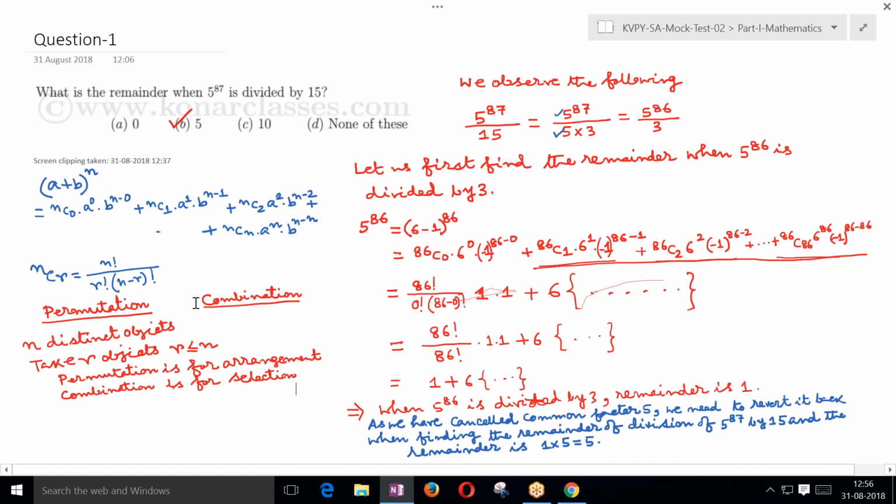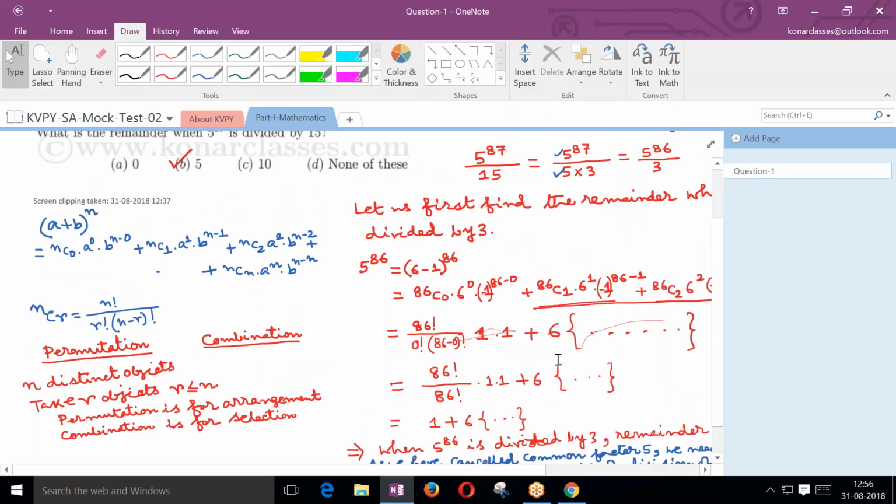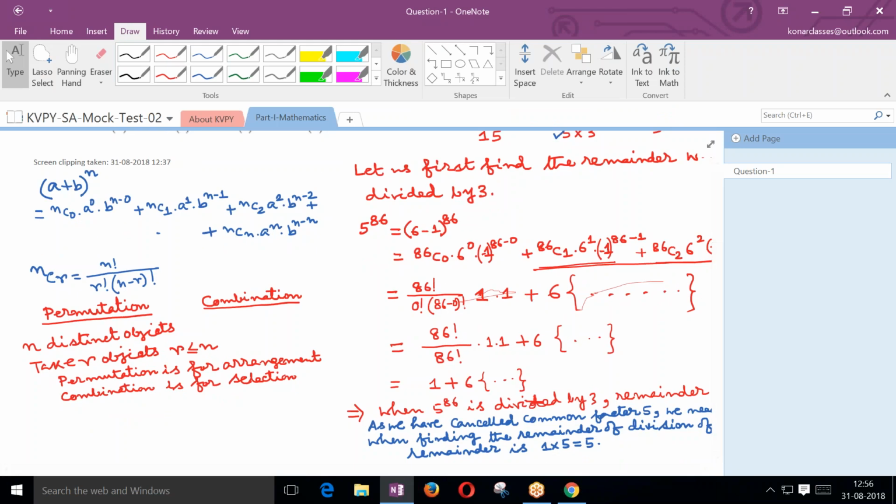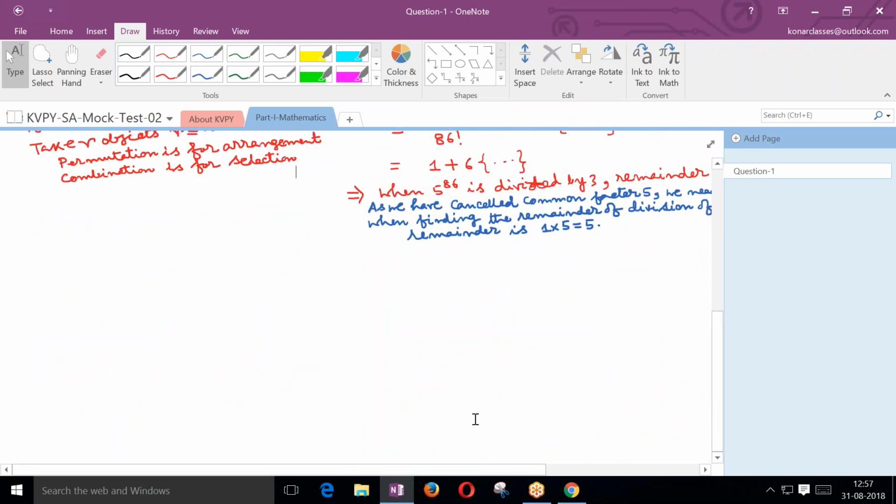Let me help you understand this by means of an example. Suppose there are 3 balls, and the balls are of 3 different colors.